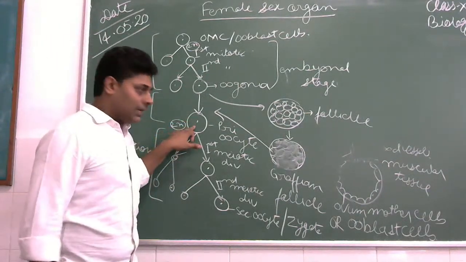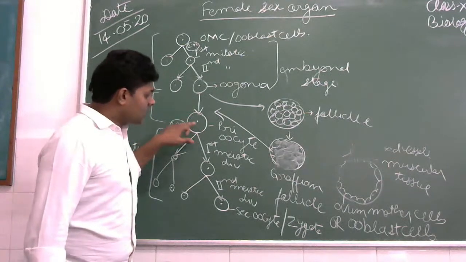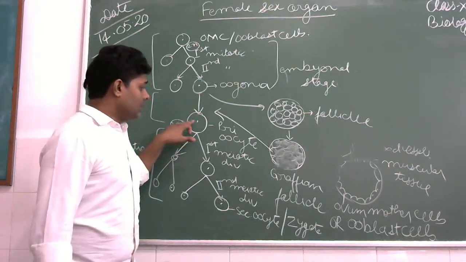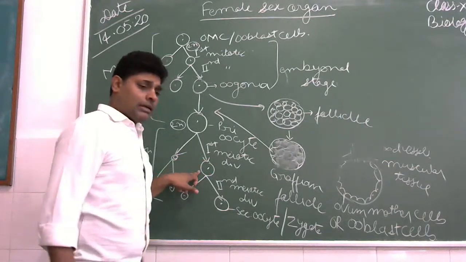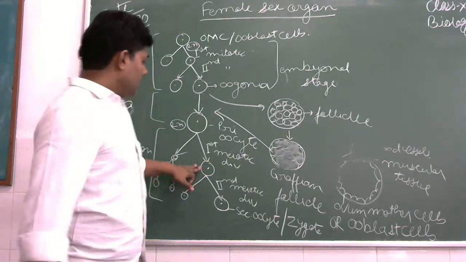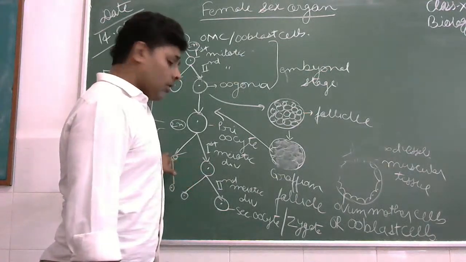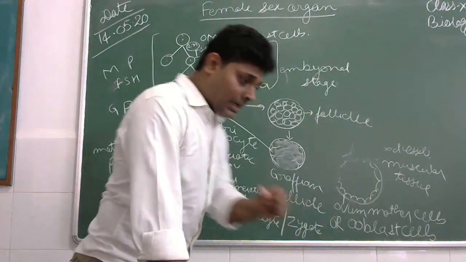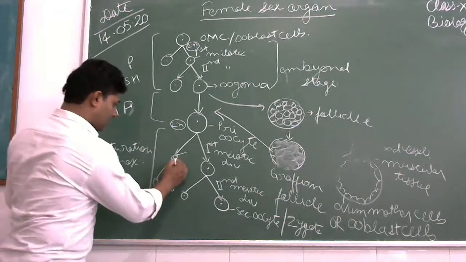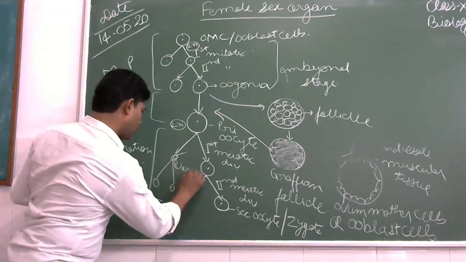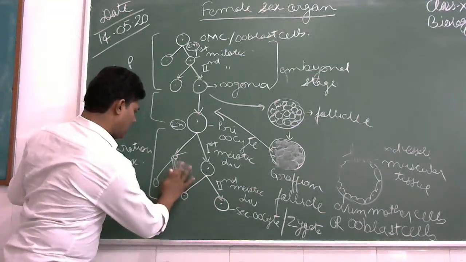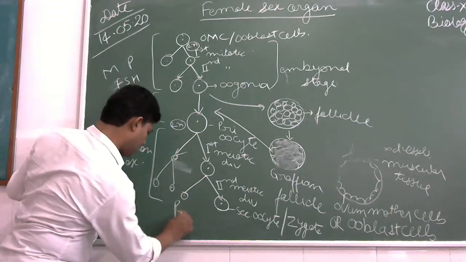The primary oocyte divides meiotically and makes one oocyte and one polar body. This is the polar body I'm making here.